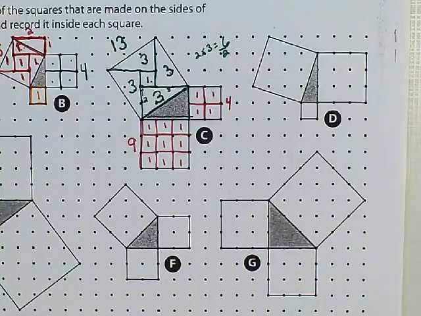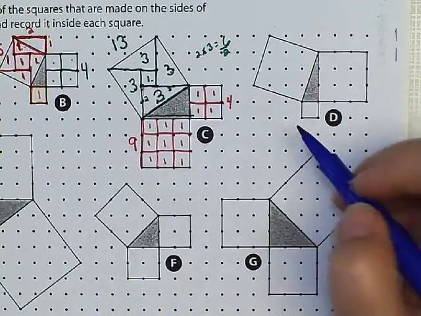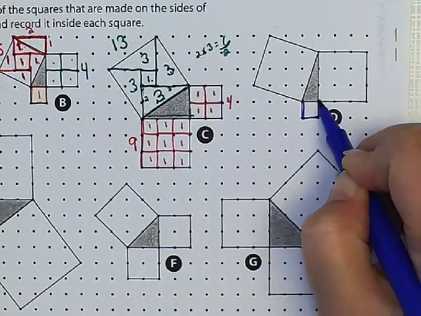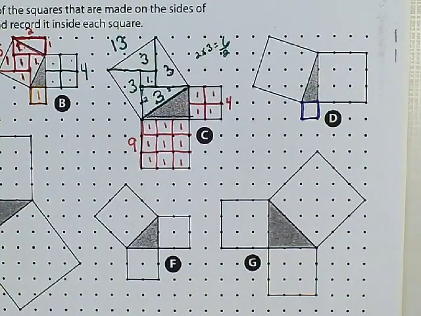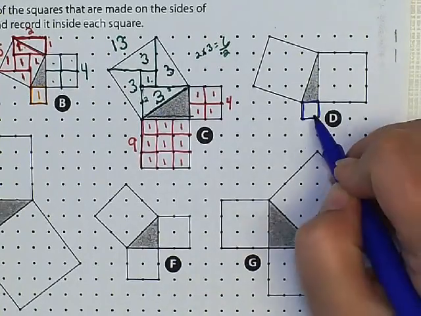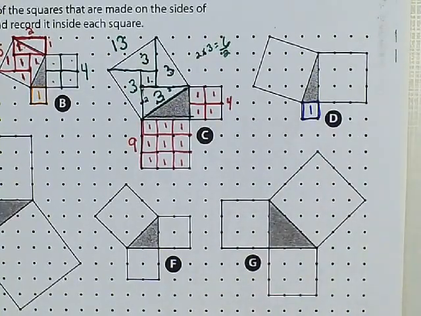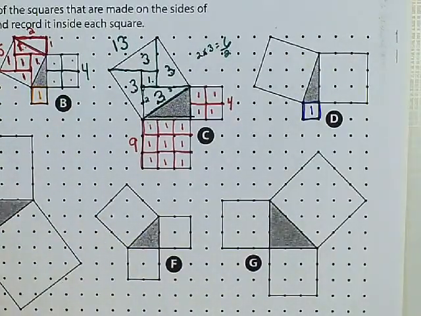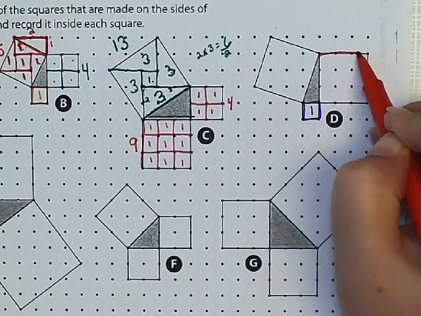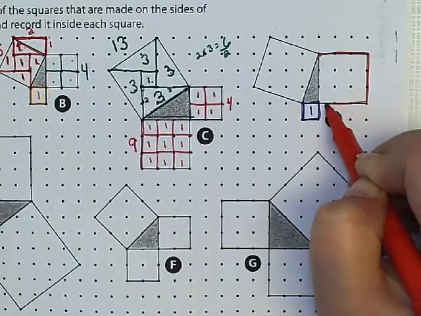Okay, hopefully you got the right answer. So let's go ahead and look at what we got. So let's go ahead and look at this bottom square. And I want you to tell me, what is the area of this square? Okay, you should have gotten 1. Now I want you to look at this next box, or square.